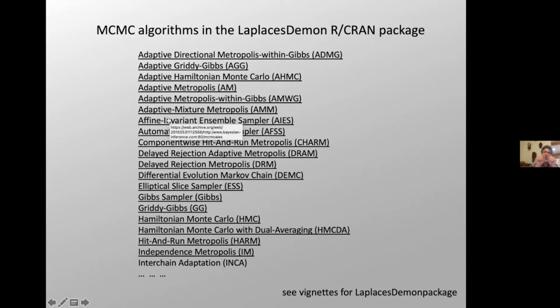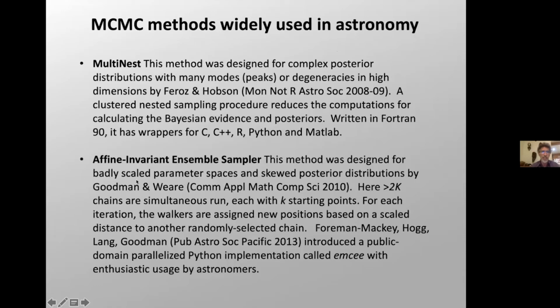Maybe one scale only goes from 0.01 to 0.1, and another scale goes from 1 to 1,000,000, and it doesn't pay attention to the scales. So this particular one has become rather famous in astronomy because of these good properties.